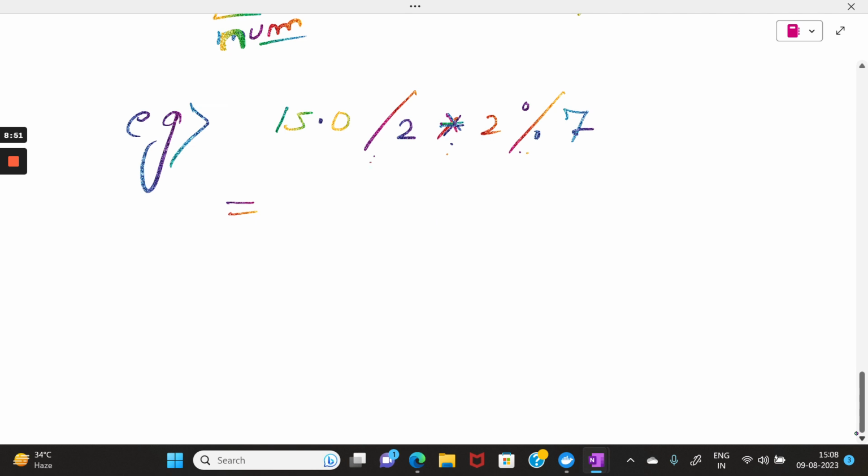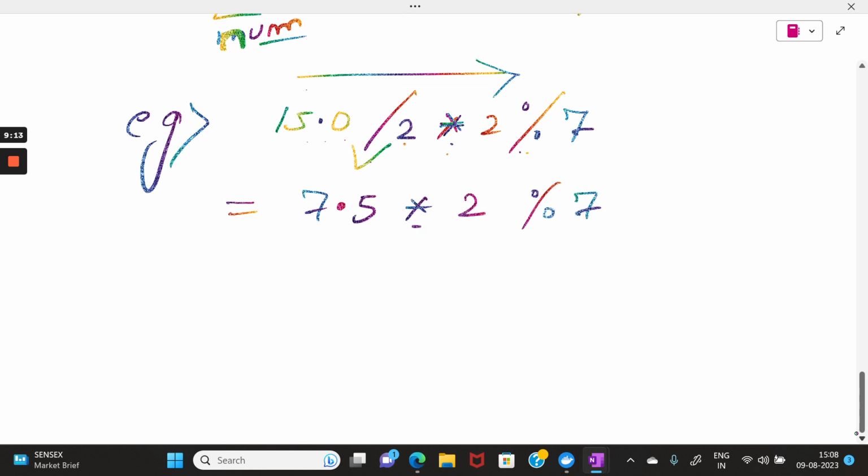In the precedence table. So we need to follow the associativity. So we are going to evaluate the expression from left to right, right? So 15.0 divide by 2. So what is this evaluation? It will be 7.5, right?